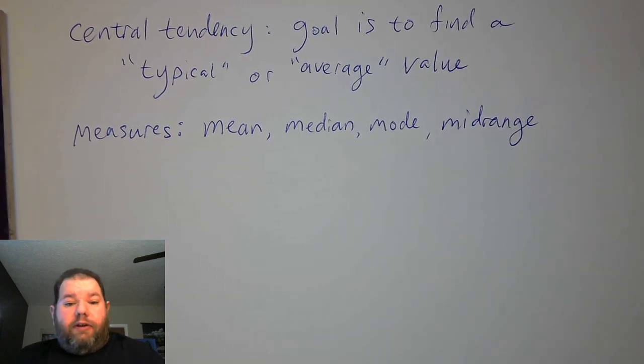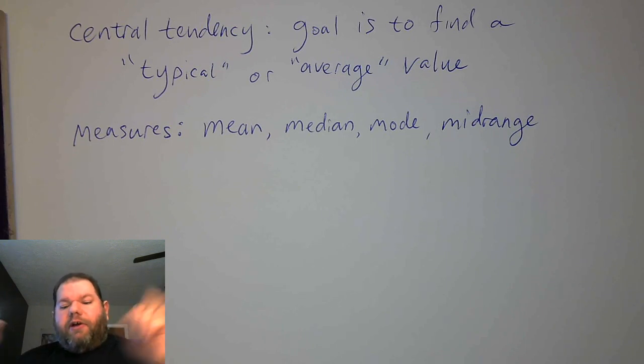So we'll discuss these 4 today in section 3.1, and then in section 3.2 we'll talk about measures of dispersion, I think is what we call it in this book, but basically how spread out or compact is the data set. Is it all kind of clustered together, or is it all spread out?